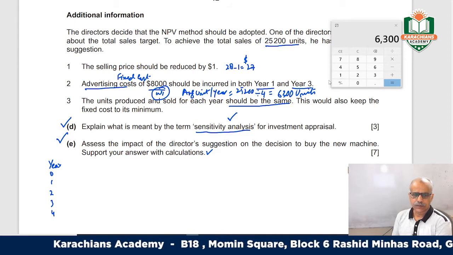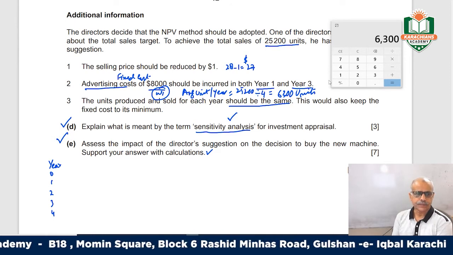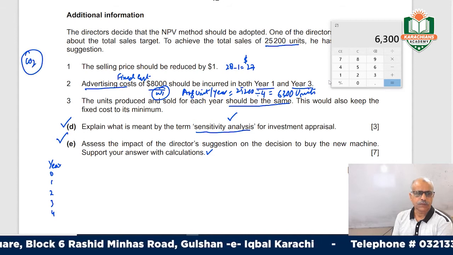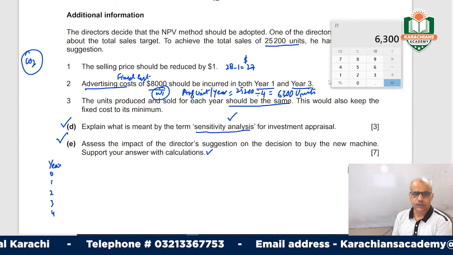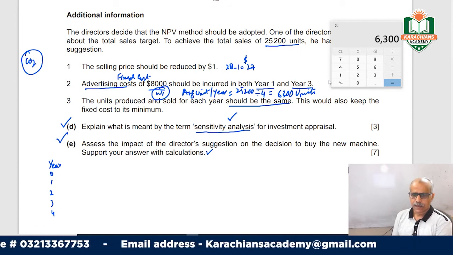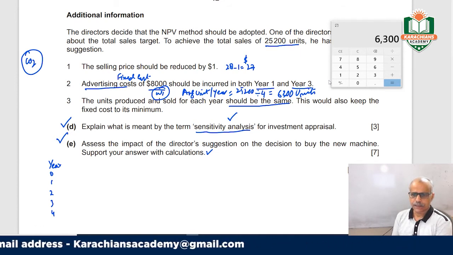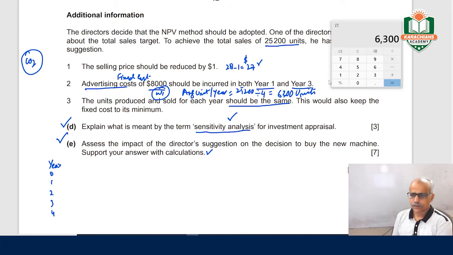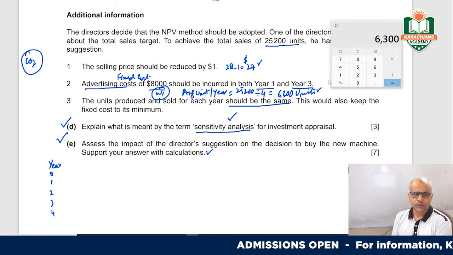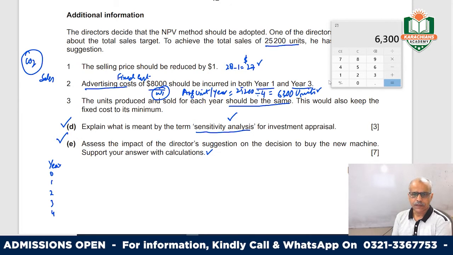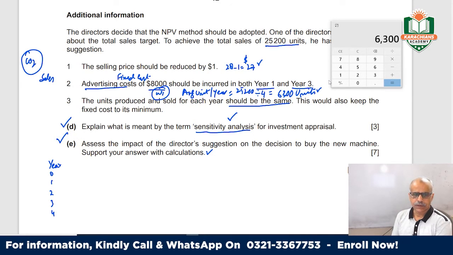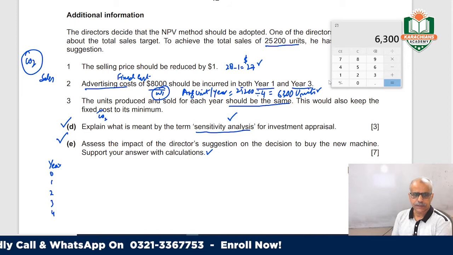So we can do one working here, working 2. Your sales price is 27, okay, and your annual average would be 6,300 units.